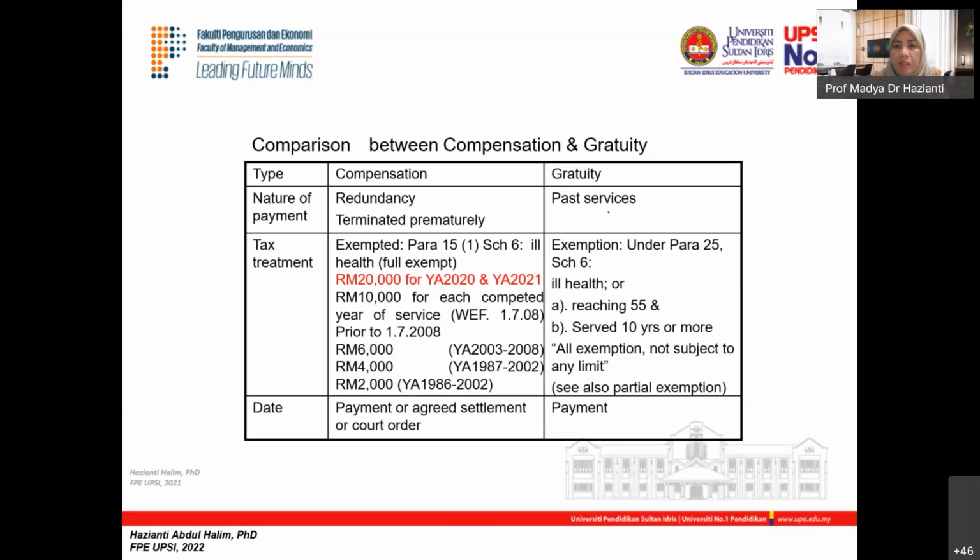Gratuity past service, maknanya you retire. So for gratuity, exemption kalau sakit or kalau retire at the age of 55 or serve 10 years or more, and payment biasanya for compensation ni settlement court ataupun dapat payment lah and gratuity payment lah.